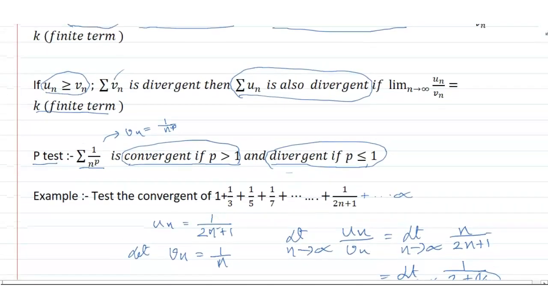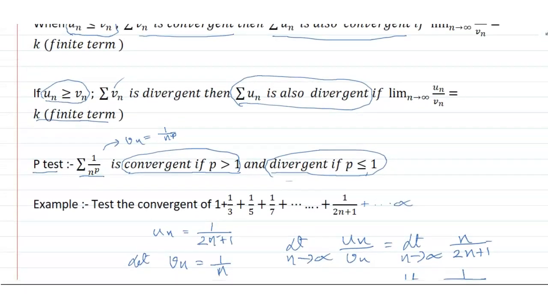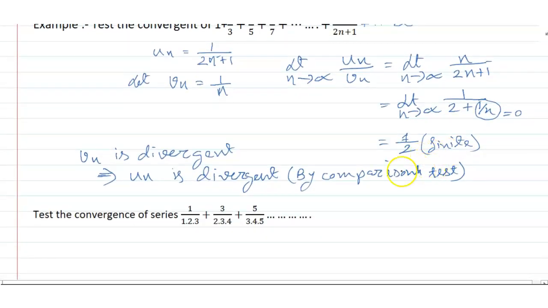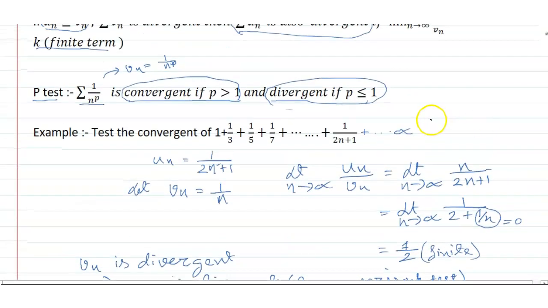So friends, you will look at this: vn is divergent because vn is smaller than un. So it is the comparison test. Un is divergent. So my series answer is divergent.